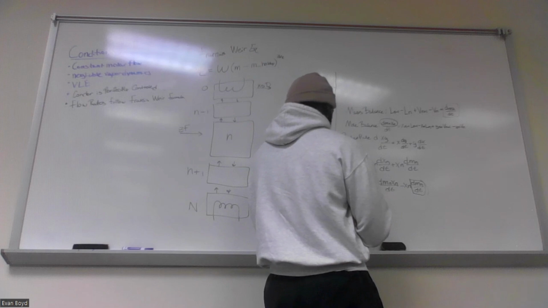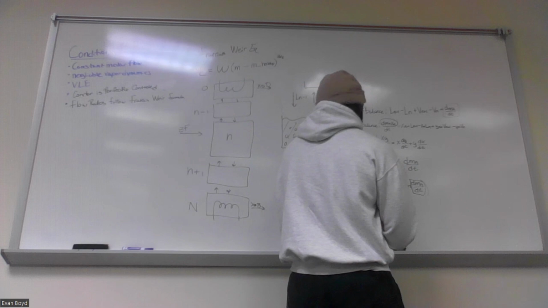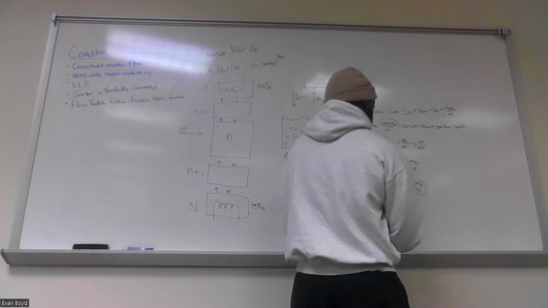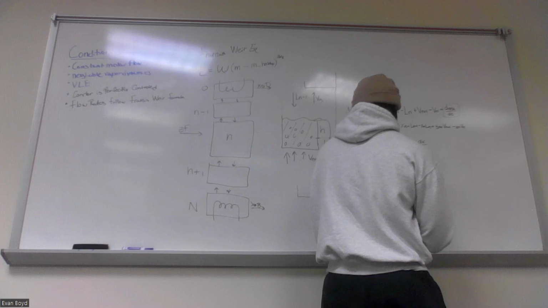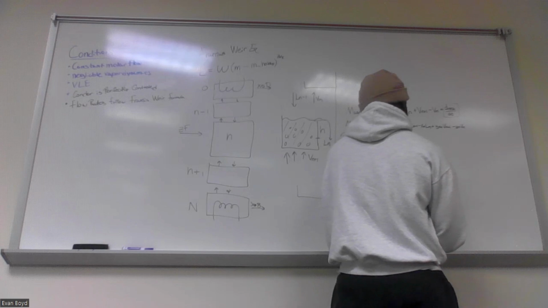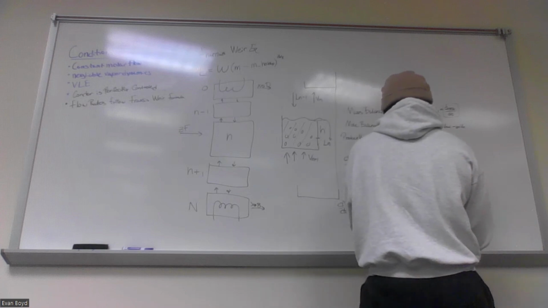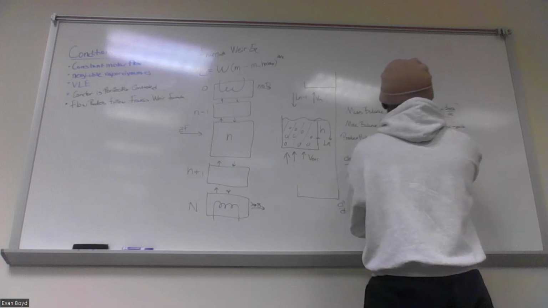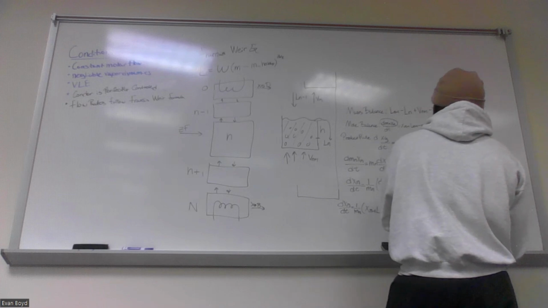So dx N over dt, with both of our expressions, is equal to 1 over M N times the long part, minus x N times the mass balance expression.